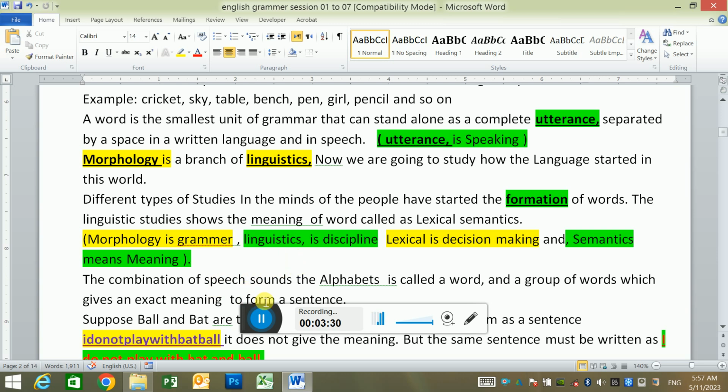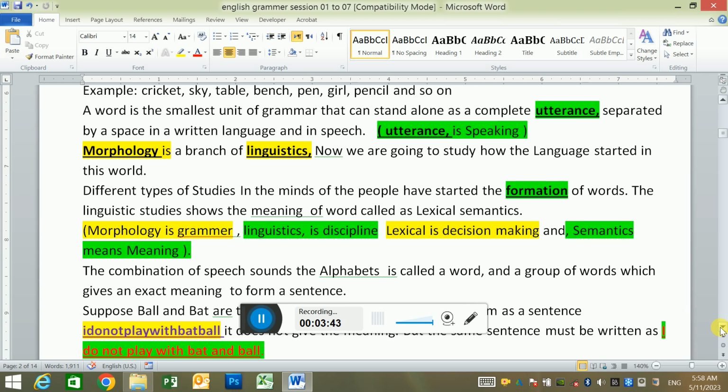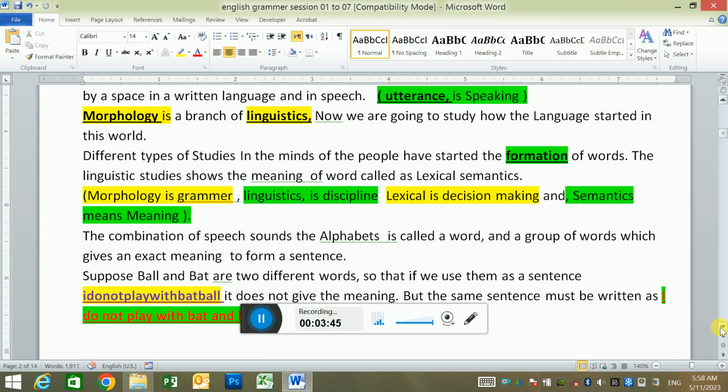A combination of speech sounds, the alphabets, and a combination of alphabets is called a word. You know very well from the previous class what is said to be a word. And then a group of words which gives exact meaning forms a sentence.